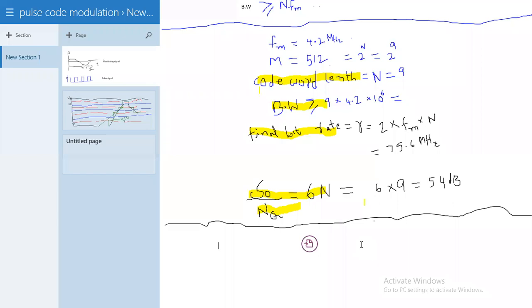So then, next, to move into the next topic after advantages and disadvantages: compounding of PCM system.